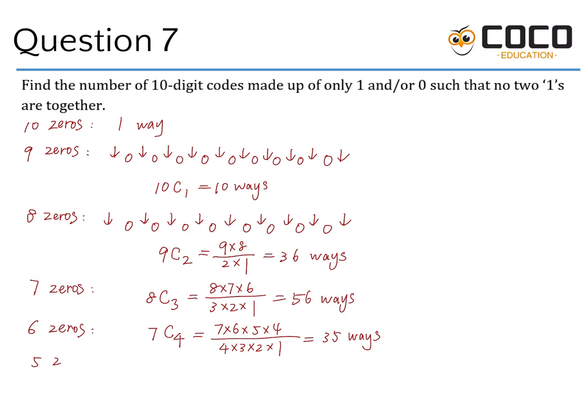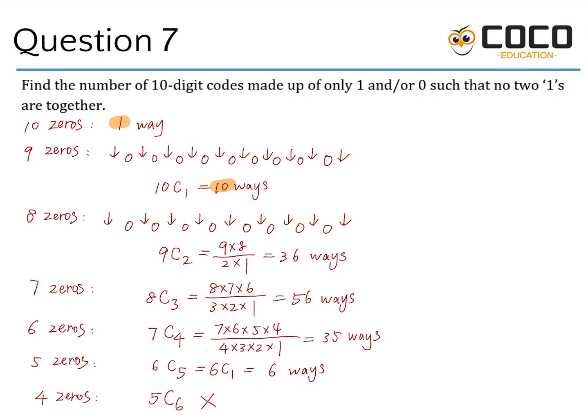Then let's say if it's 5 zeros, so 6 positions, select 5. 6C5 is same as 6C1, this is 6 ways. Okay. If it's 4 zeros, this is not possible. Now we only have 5 positions, but we have to select 6 positions out of them. That's 6 digit ones now. So this one is a 0 way.